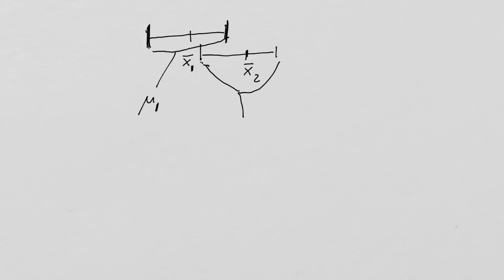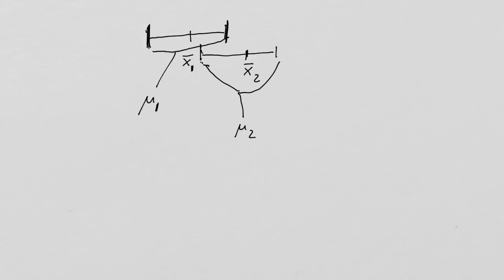Now, what if we have this case here? We have one confidence interval for our sample 1, and we know that the population mean is most likely located in this region, and for our second population, the population mean is located in this region.